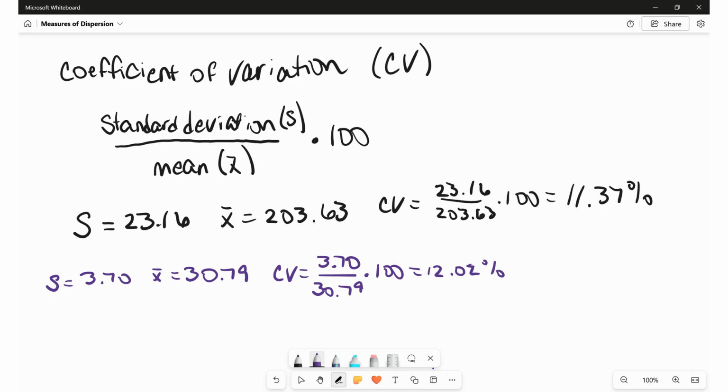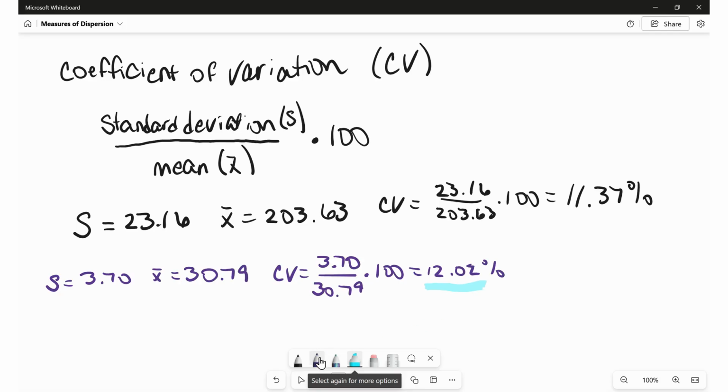Now, this is really important when we're looking at something like stocks, because although stock number 2 has a smaller standard deviation, so we think, well, it's varying much less, we have to look at that in comparison to the price of the stock, or the average price of the stock. And when we compare the two, we see that the second stock has a much higher coefficient of variation.